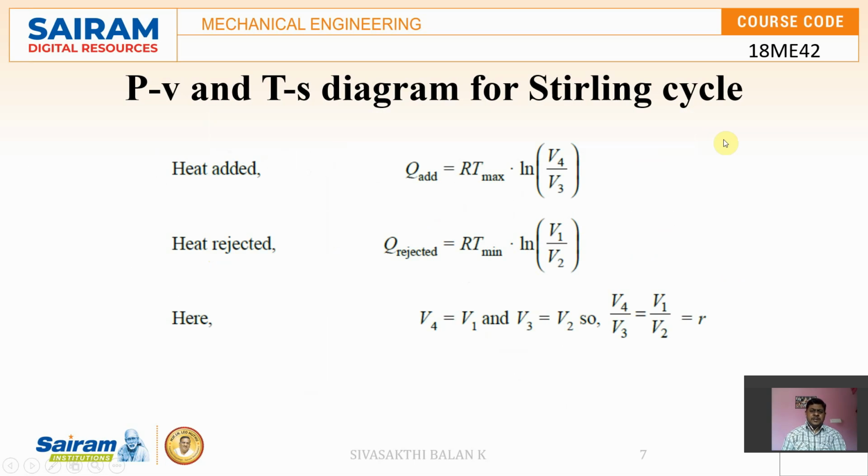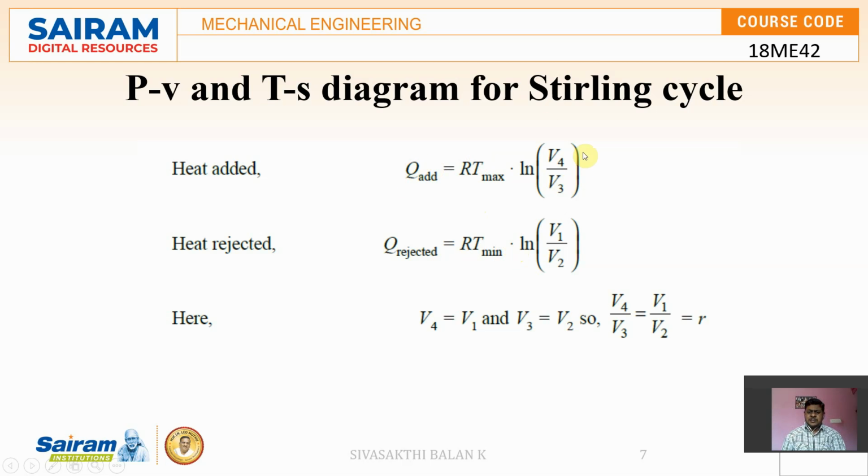For the PV diagram of the Stirling engine cycle, we know that the isothermal processes take place when the temperature remains constant. So heat addition takes place when the temperature is the maximum of the cycle, and heat rejection takes place when the temperature is the minimum for the entire cycle.